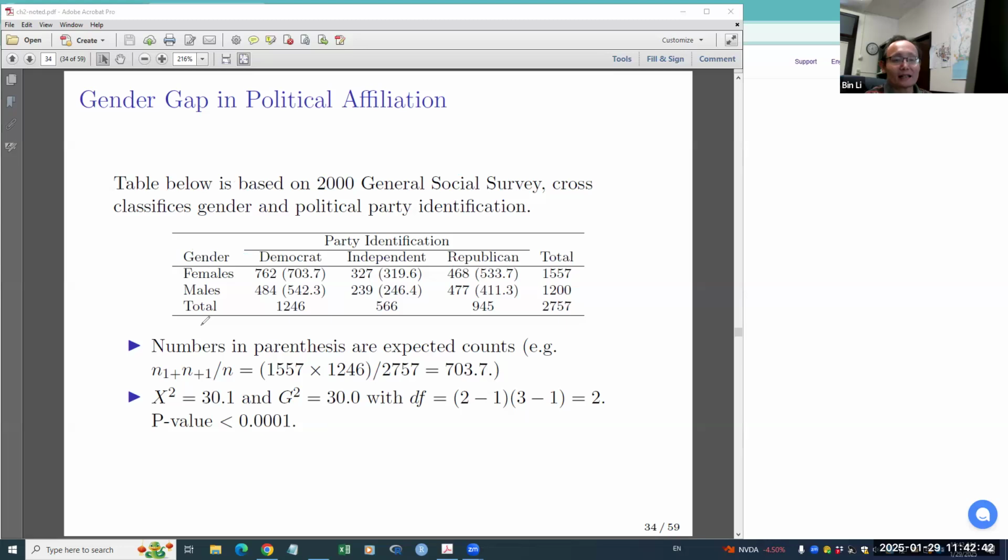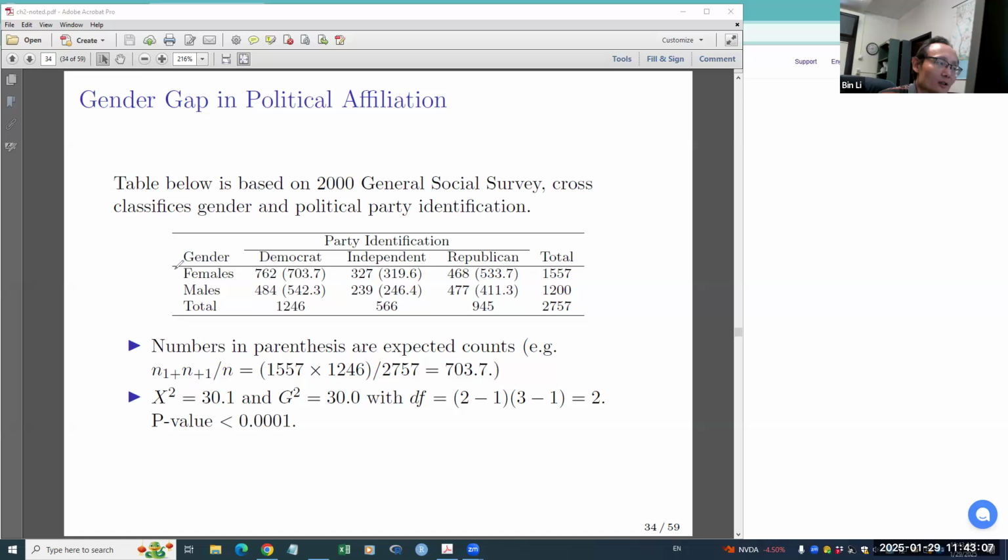Now let's see an example. This is the gender gap in political affiliation example, from the year 2000 General Social Survey.